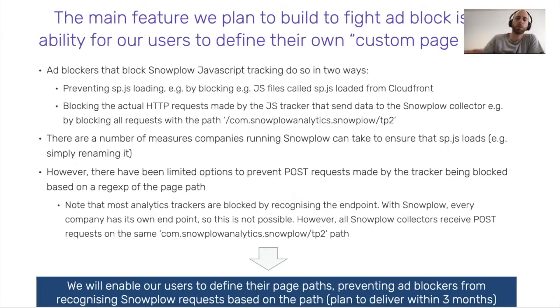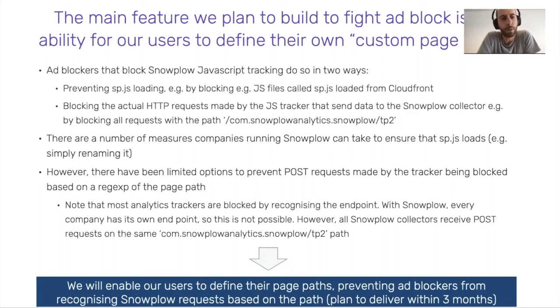So one way you can stop tracking is by preventing the SDK from loading. The second route is to block the actual HTTP requests that are made by the SDK. Those HTTP requests being the device that the SDK is using to send the data into the Snowplow pipeline, so to the Snowplow collector, where it'll then get picked up and processed and loaded to the data warehouse.